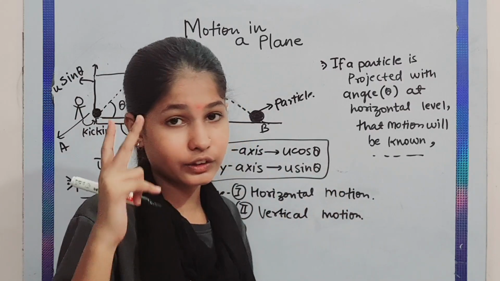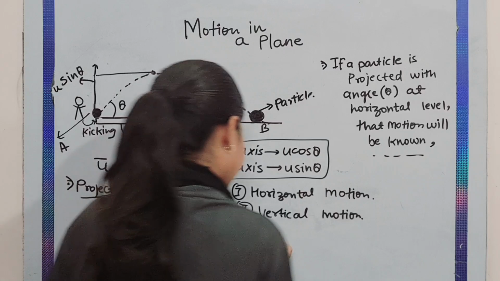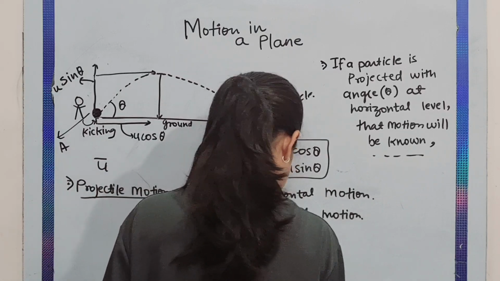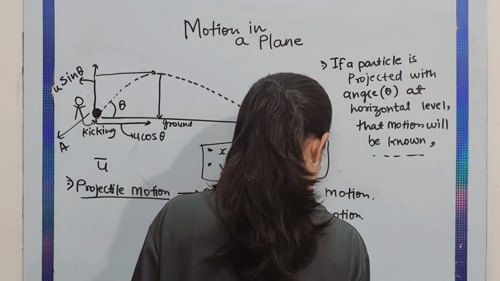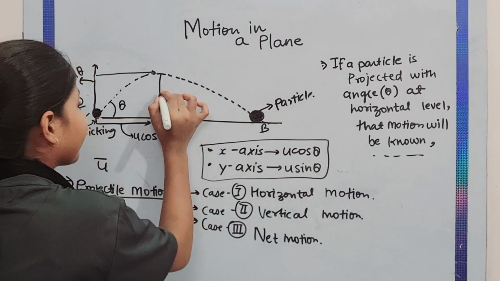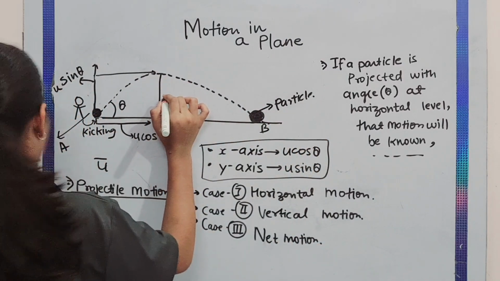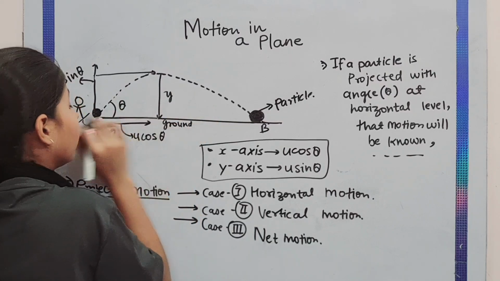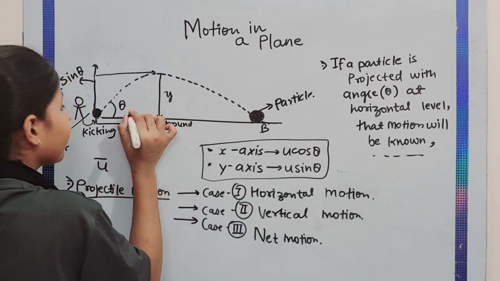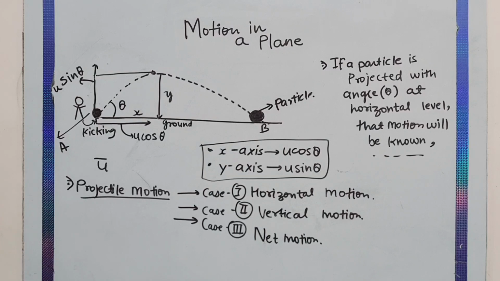The third case will be our mixture: what is the net motion here? Here you can see that the maximum height of the ball can be written as y, and the horizontal level can be written as the x axis.